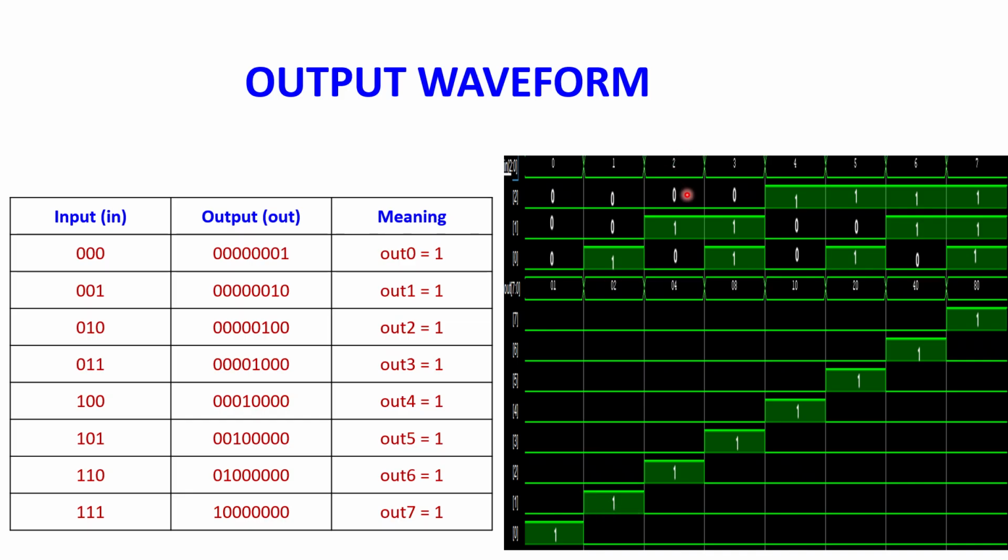When the input is 010, output 2 is active. Similarly, it goes for all the conditions. That is, when the input is 101, output 5 is active. And when the input is 111, output 7 is active. So this is the waveform of the decoder.